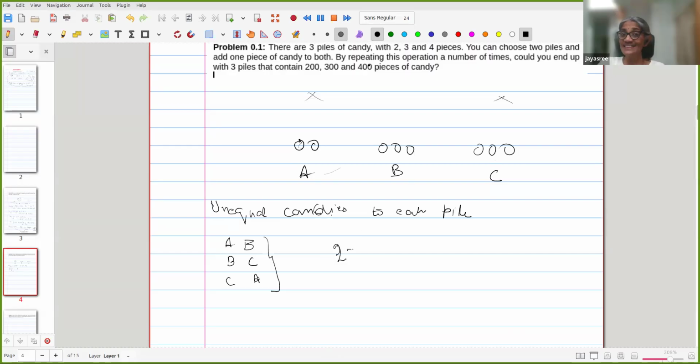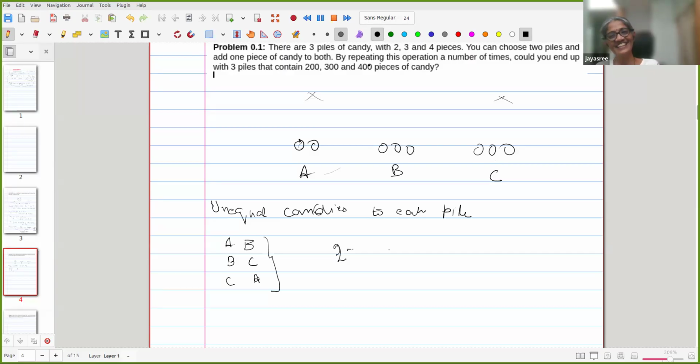But you're saying that the 3 cannot become 300 because we are adding 2 candies at a time. But to each pile, we are adding only 1 candy. No, we are not adding 2 candies to each pile. Sandhya, I see your hand up. Yes, totally we are adding an even number of candies. In total, we are adding an even number of candies, so it is not possible.